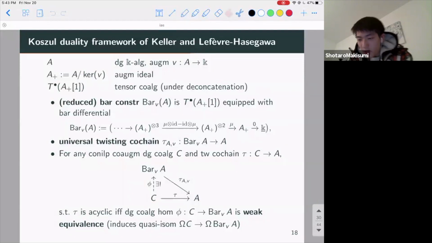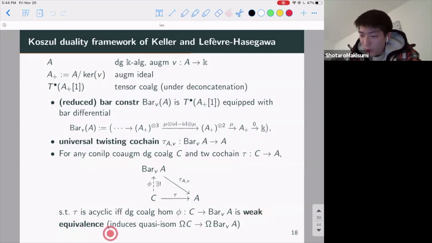But the bar construction is huge. And so if you want to compute things, for example, then it'd be much better if you have something smaller, so quasi-isomorphic is not quite the right word, but weakly equivalent.